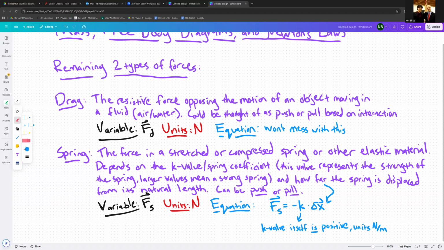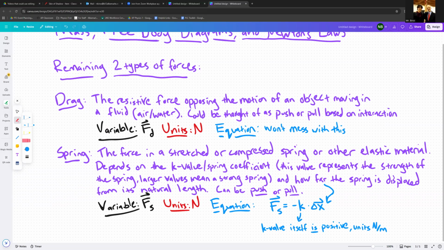So that means that if your displacement is positive, then your spring force will be negative, and vice versa. If your displacement is negative, you'll get a negative times a negative, and your spring force will be positive. So spring force and displacement, these two vectors, spring force is a vector, has direction, displacement is a vector, has direction, they are always opposite in direction to each other.